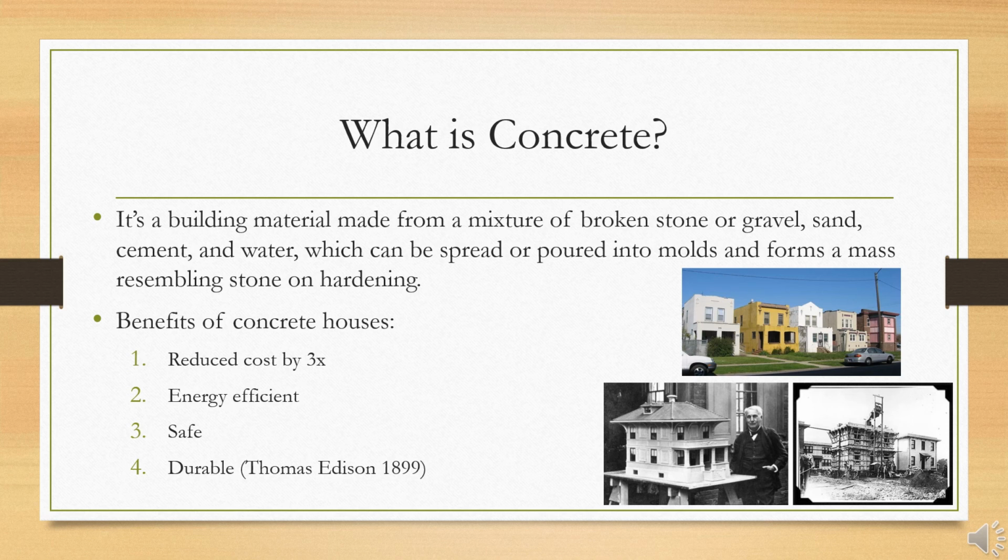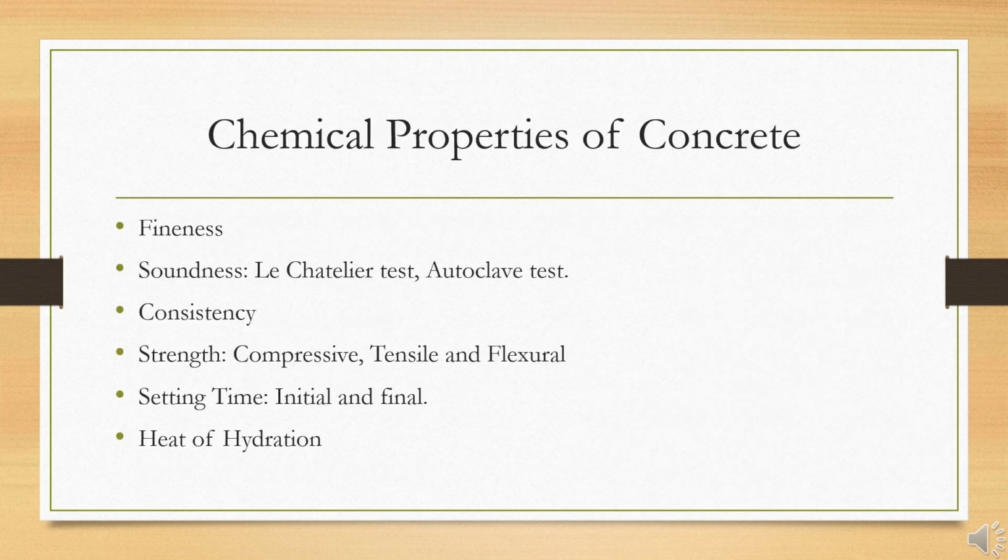And fourth and most importantly is how durable it is. Now the first house, as we can see on the right, was made by Thomas Edison in 1899, and in the picture above we can see that this house is still standing to this day, although it was created in 1899.